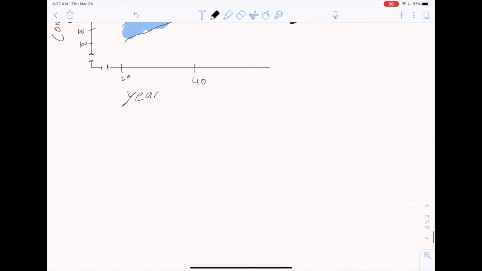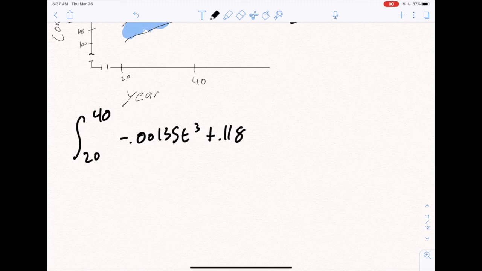And so what that might look like is the integral from 20 to 40 of minus 0.00135t cubed plus 0.1186t squared minus 2.992t plus 27.51 dt.